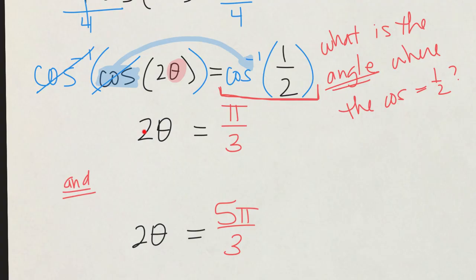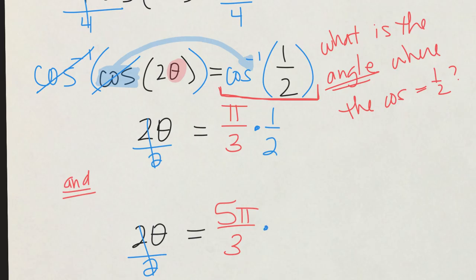So now I have 2 times some angle equals pi over 3. An angle and an angle, our answer is going to be an angle. So we solve this by dividing by 2. Now, writing this divided by 2, that doesn't look so good. Pi over 3 divided by 2. So we're going to not divide by 2, but instead multiply by 1/2.